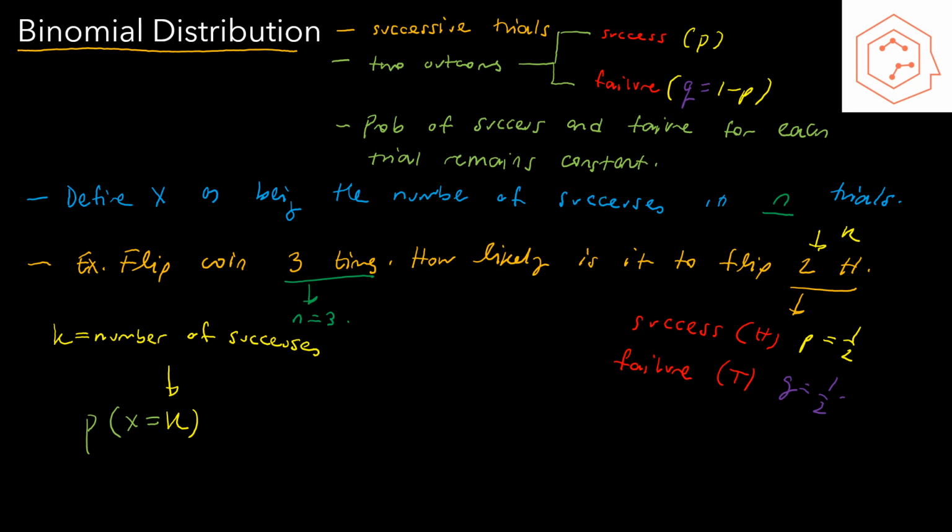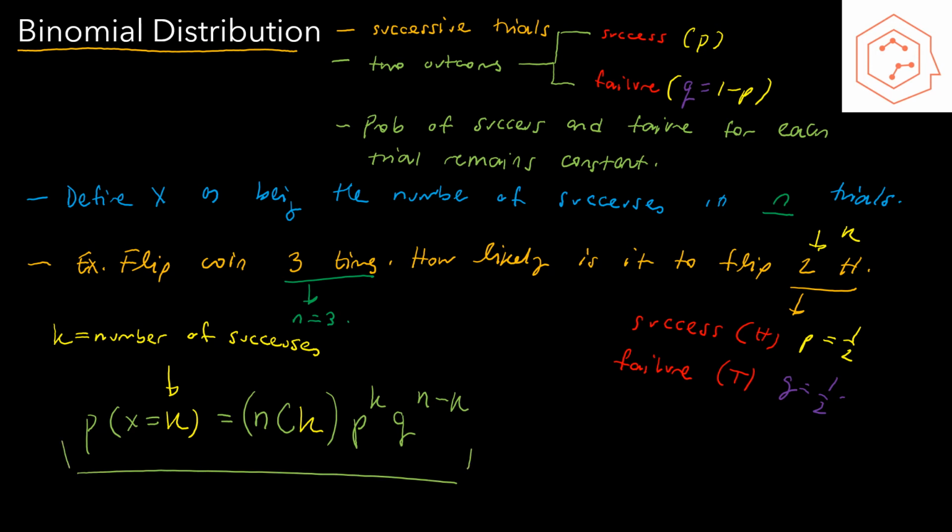So P of X equals k is equal to n choose k, multiplied by p to the power of k, multiplied by q to the power of n minus k. And we'll see where this comes from as we do the example on the next page.